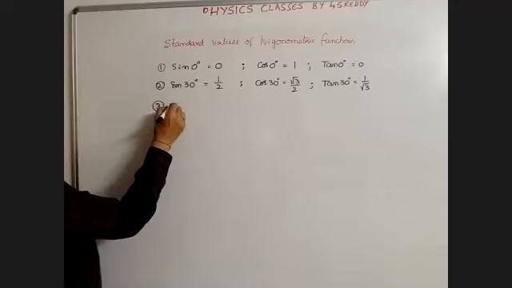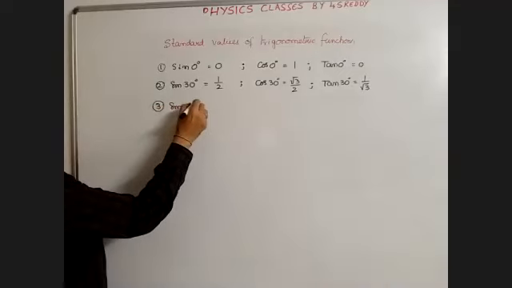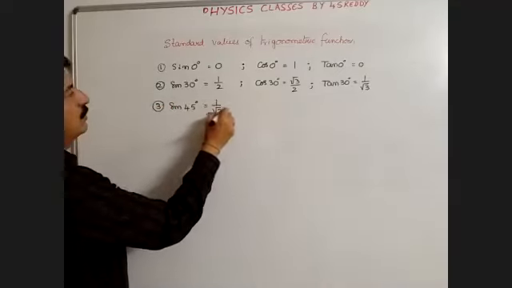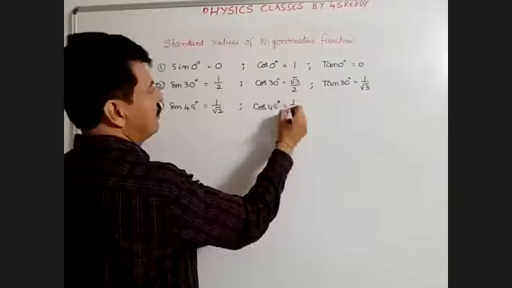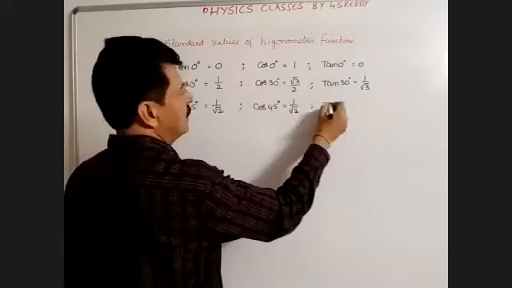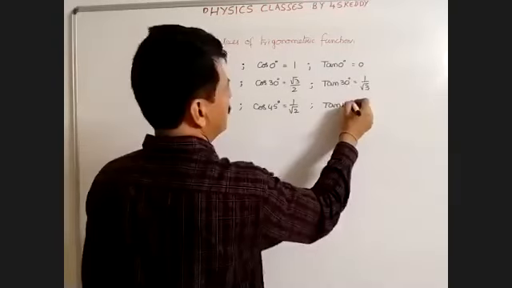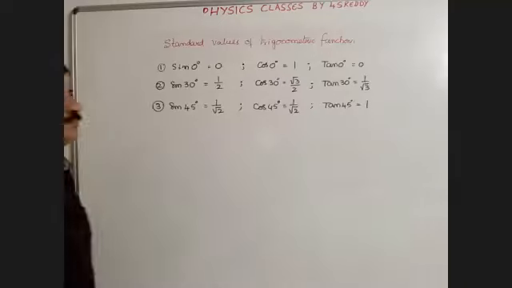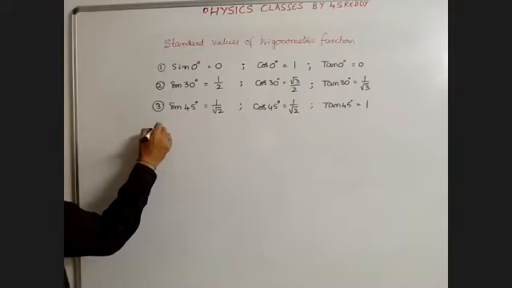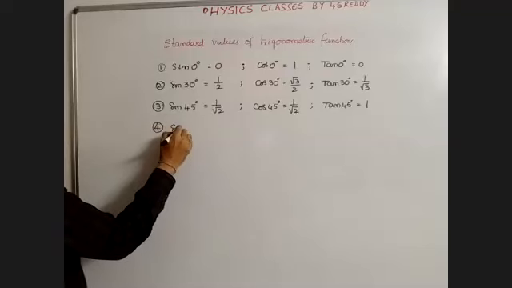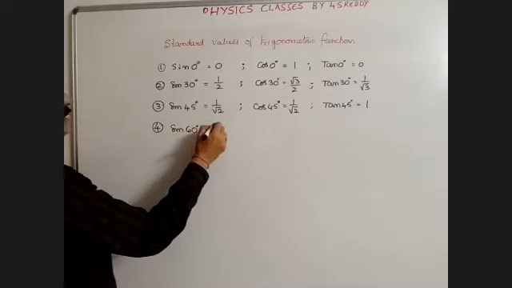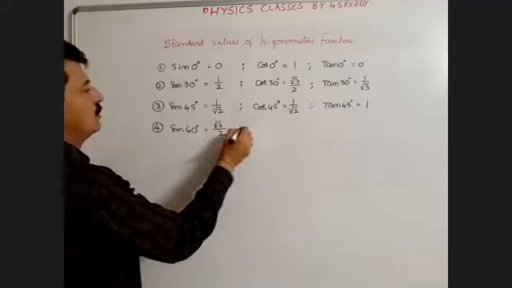Third one, sine 45, 1/√2. Cos 45, 1/√2. Tan 45, 1. Fourth one, sin 60 degrees, √3/2.